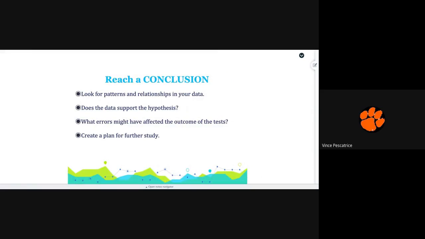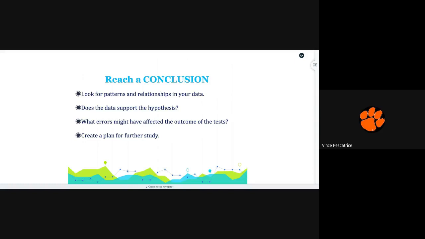So when you make a conclusion, you want to look back and look for patterns and relationships in your data. So our data was observational this time, but sometimes we have data that's numbers like distances, weights, volumes, things like that. So you want to look for patterns in those and then think, does what we gathered support the hypothesis?